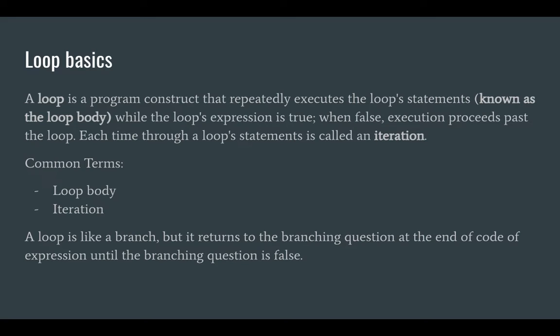Very basic. The difference, though, with a loop is in a branch, if you have an if statement, once you're done with the if, you're done with it. With a loop, it keeps executing it ad nauseam until it meets the condition that allows you to exit the loop. The loop expression always has to evaluate to false to exit out.